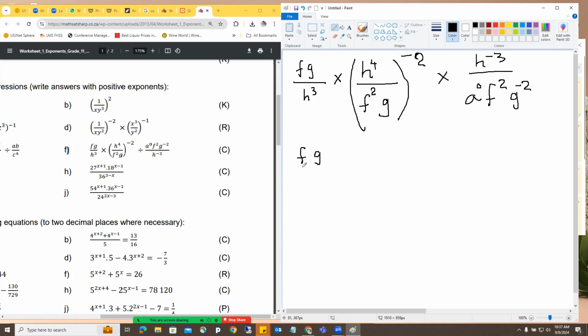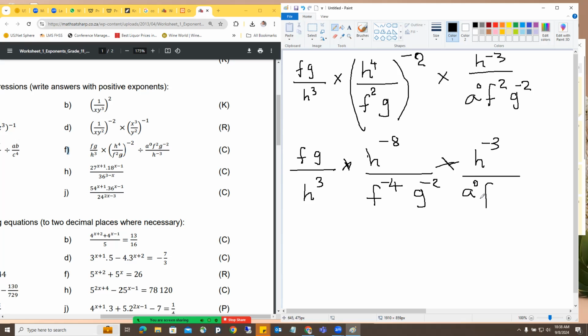So here we have fg over h3 into here we have h minus 8 divided by f minus 4 g minus 2, okay, f minus 4 g minus 2, and then into h minus 3 divided by a0, f2 g minus 2. Then we have fg.